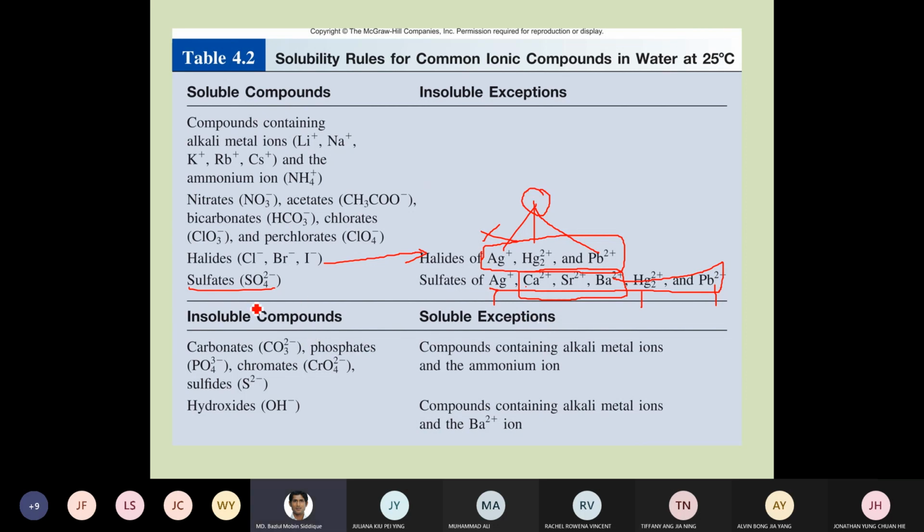There is another thing: the insoluble compounds are considered to be carbonate, phosphate, chromate, sulfide, hydroxide; these all are insoluble. All right, but hydroxide, we know that sodium hydroxide, potassium hydroxide, calcium hydroxide, those are soluble, right?